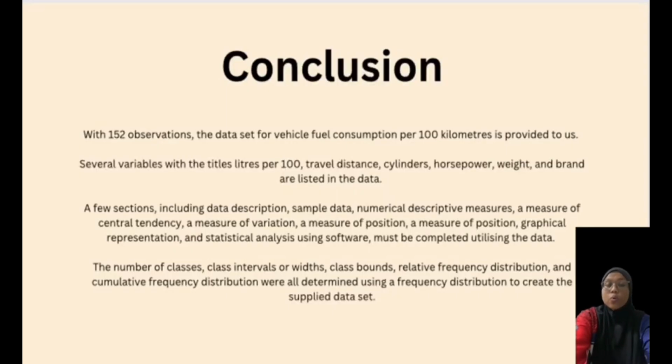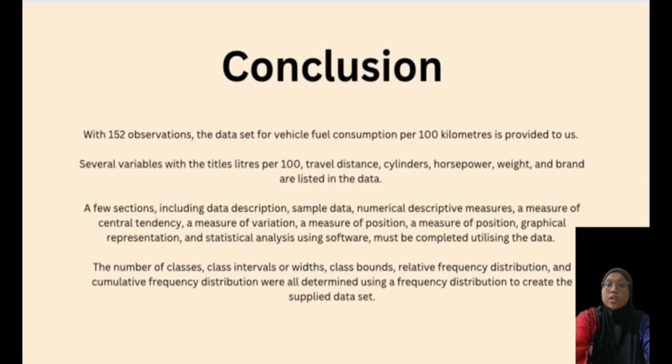Conclusion: with 152 observations, the data set visually shows fuel consumption per 100 kilometers is provided to us. Several variables with the titles liters per 100, travel distance, cylinder, horsepower, weights, and brands are listed in the data.